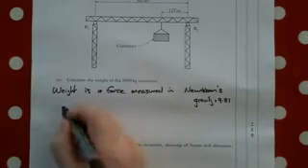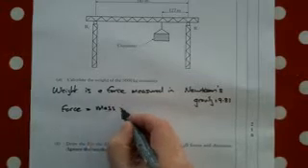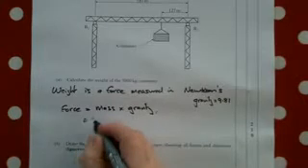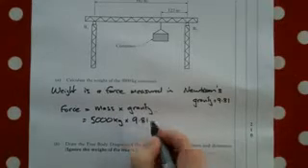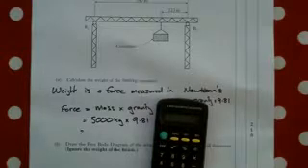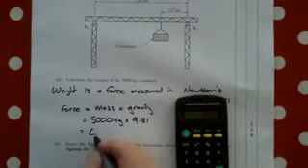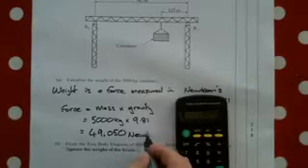So the calculation we're looking for is that force is equal to mass times gravity, in which case we've got 5,000 kilograms times 9.81, and that's equal to 49,050 newtons.